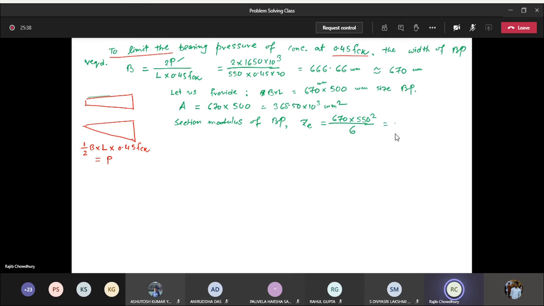So it is becoming 33.78 times 10 to the power 6. Okay. Now we have not calculated the thickness. We will be calculating the thickness in a bit different manner now. Okay.